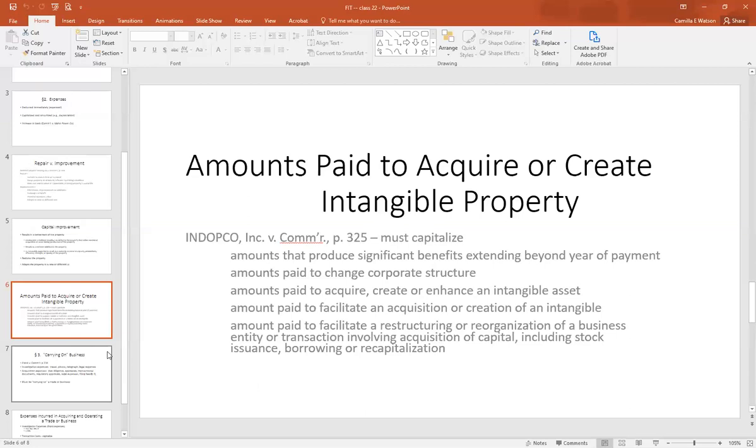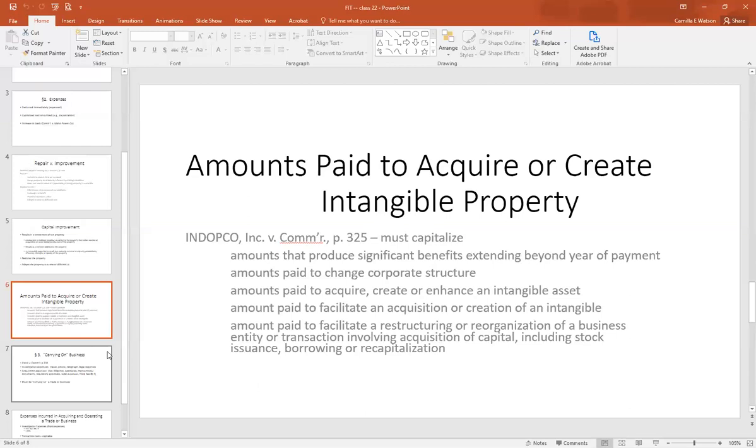The regs generally require capitalization of amounts paid to acquire, create, or enhance an intangible asset. Second, amounts paid to facilitate an acquisition or creation of an intangible.